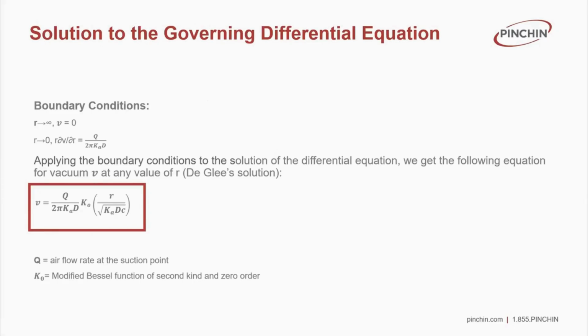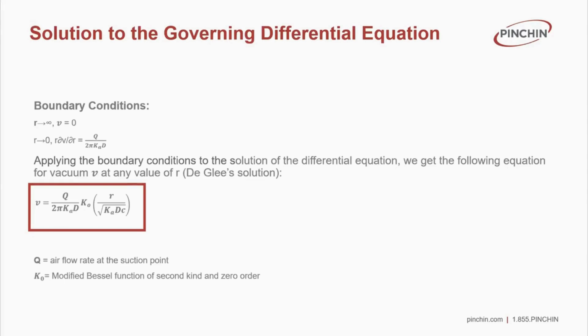Actually, Dagan in the field of groundwater has come up with a solution to that form of equation, and that's what I have adapted here. As you go further away from the vent riser, at some point the induced vacuum will go to zero.